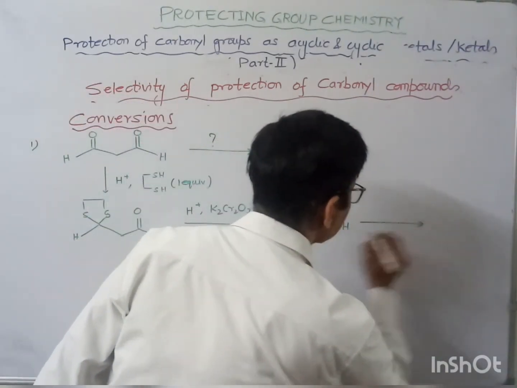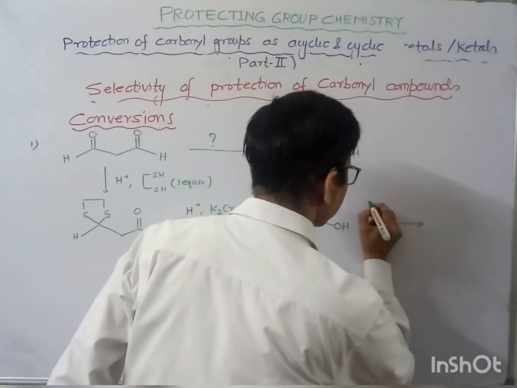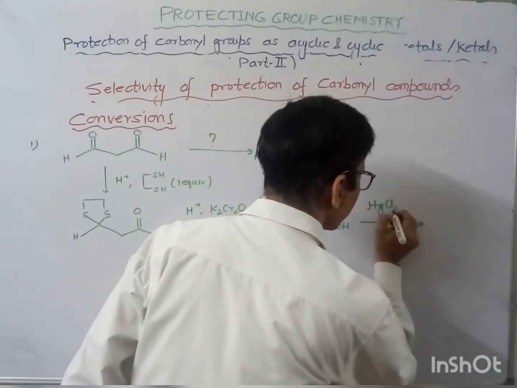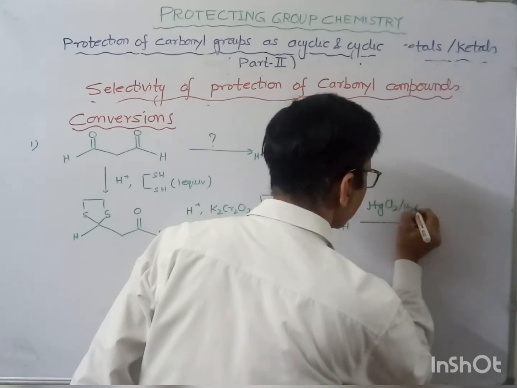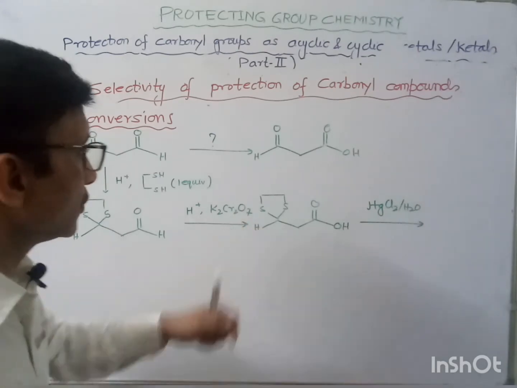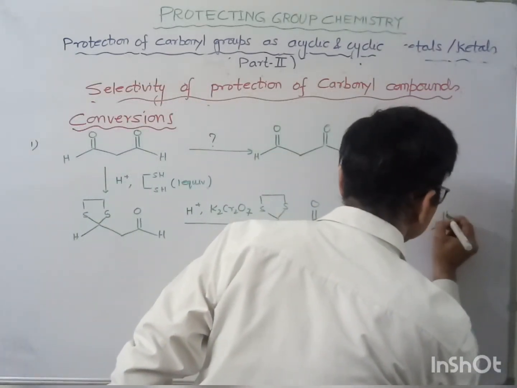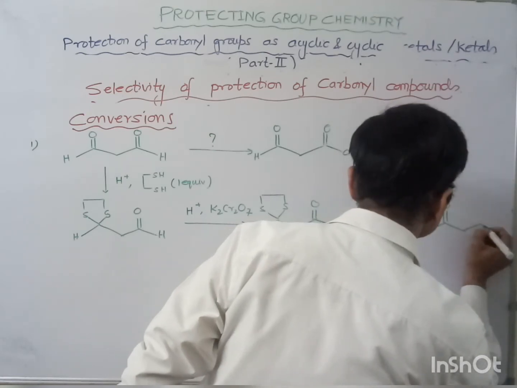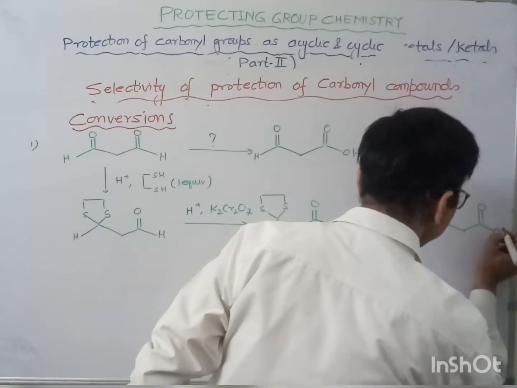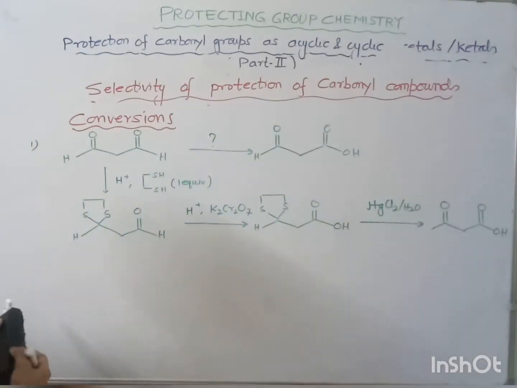And now after this conversion, this can be deprotected using this mercury salt. We can deprotect this cyclic dithioacetal, and we have got the desired product. So this is one of the examples.